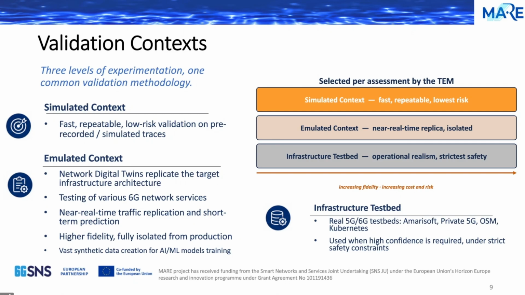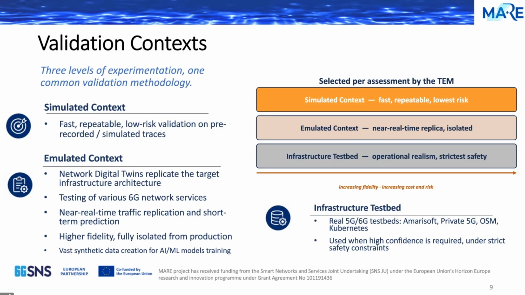They produce near real-time traffic replication, ideal for short-term prediction. And this gives us a higher fidelity, fully isolated platform for production to perform our tests, and it is also the baseline for all the AI and machine learning algorithms that are used to produce cybersecurity solutions, security functions.